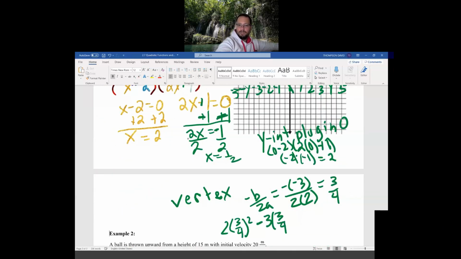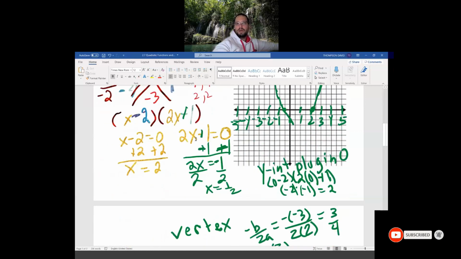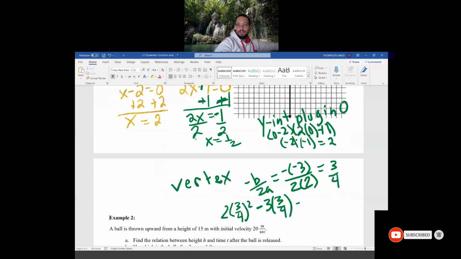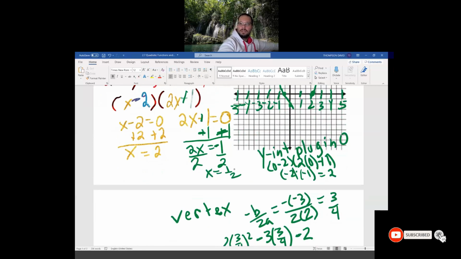So it's going to be approximately here. And we're going to do our exact value. So 2 times 0.75 squared minus 3 times 0.75 minus 2. We're going to get negative 3.125.